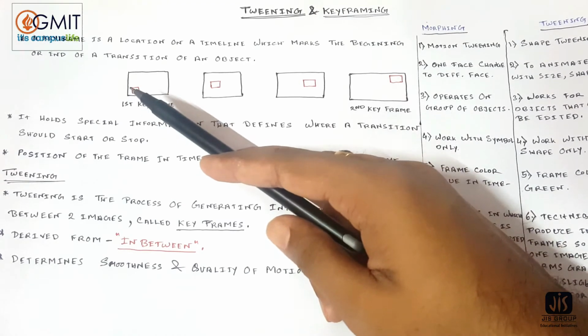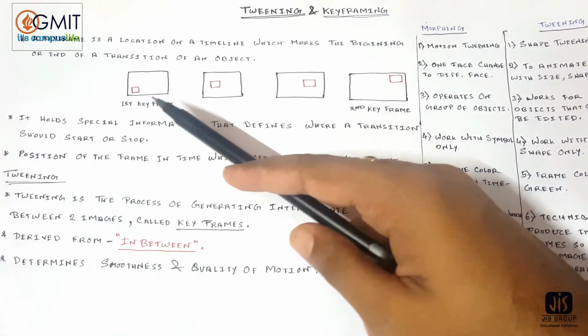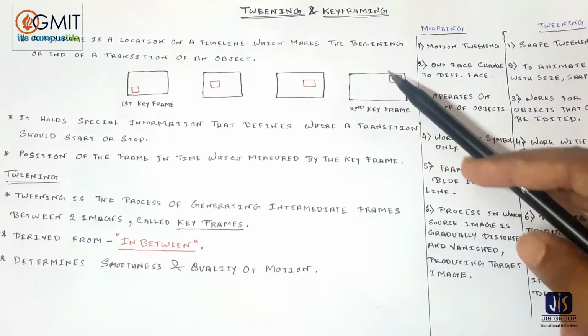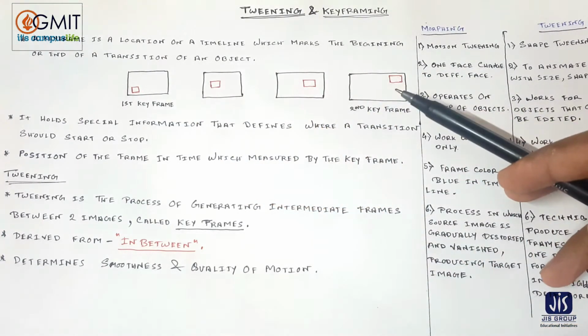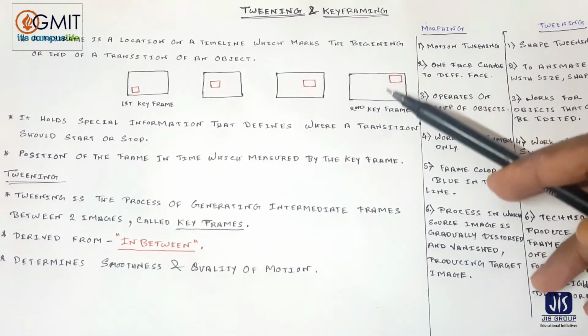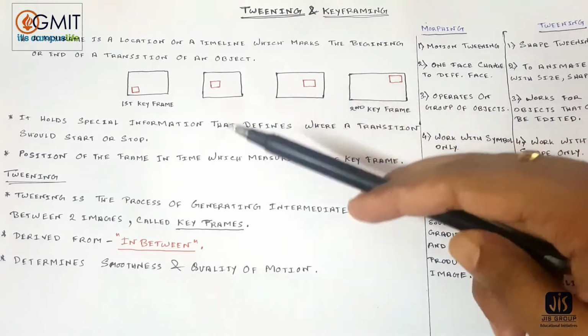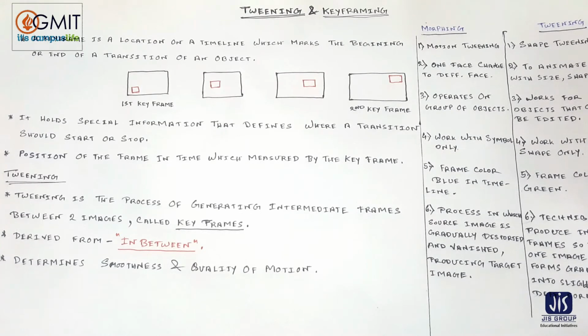And if we don't know this position of the box, then we can't move it to here, and then we can't get the result. That's why this is very much important. This is our result, so this is also important. So these two are the keyframes. Clear or not? Just think why these two frames are important, and that's why these are called keyframes.